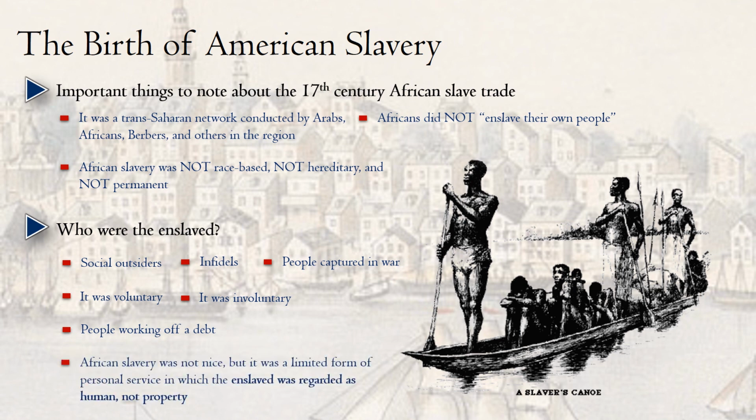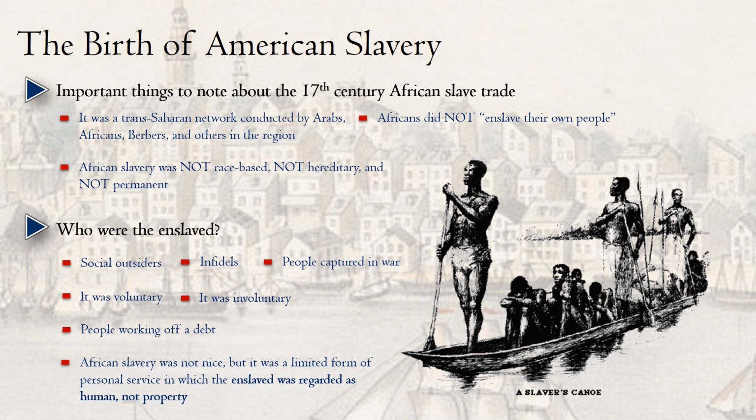So African slavery was not nice. We can't say that this is a good institution, but it was a limited form of personal service. And in African forms of slavery, the enslaved was regarded as human, not as property. So the concept of chattel slavery, or people as property, is not a characteristic of African slavery.